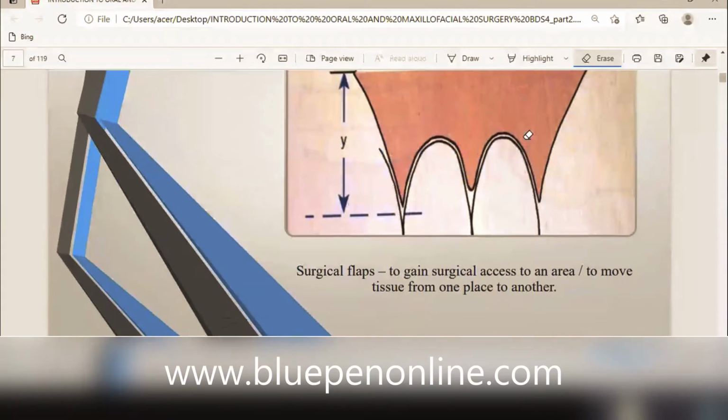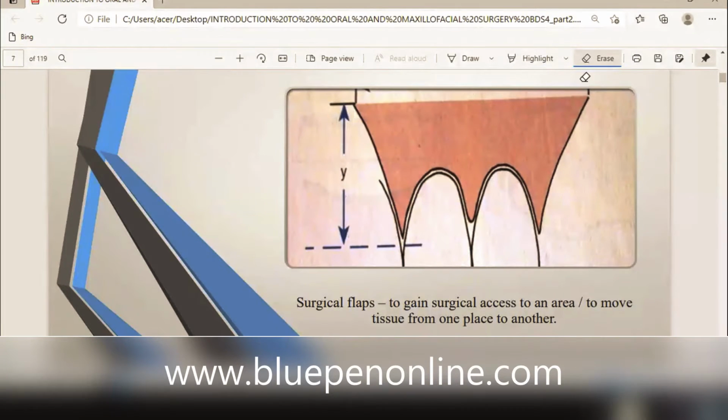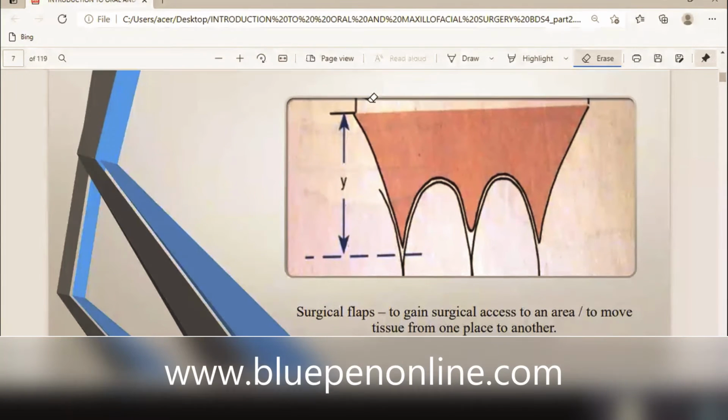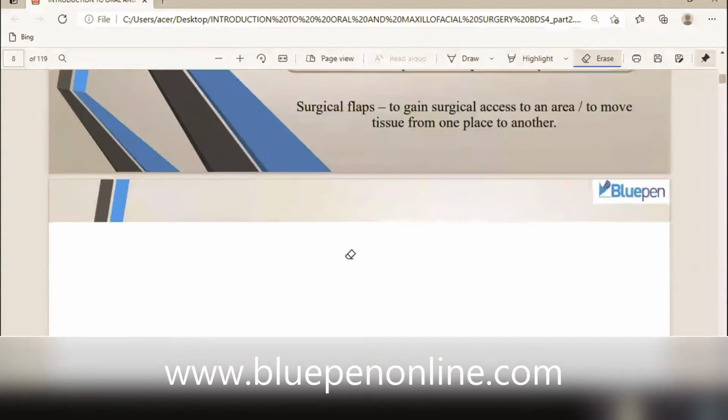I'll show you. The width should always be greater than the length.